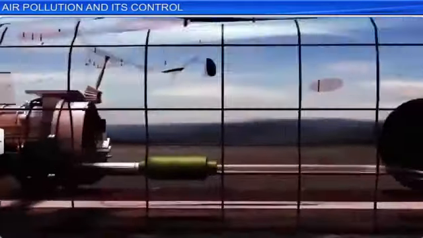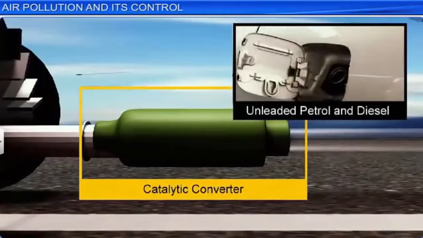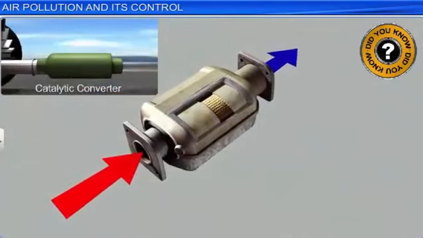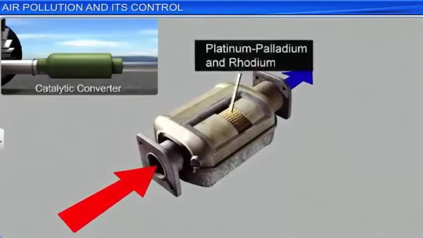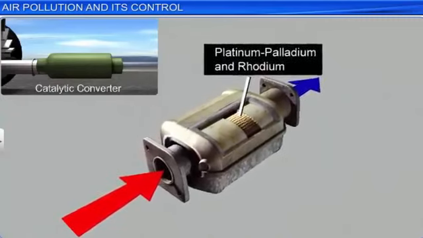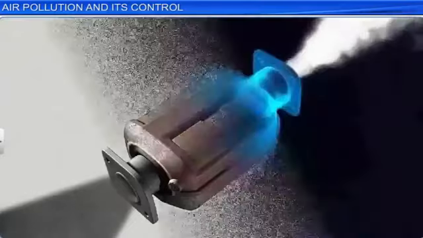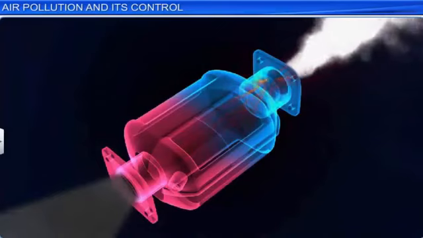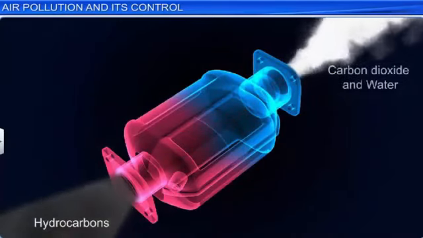For instance, the use of catalytic converters and unleaded petrol or diesel has helped reduce vehicular pollution considerably. Did you know that catalytic converters contain catalysts made of expensive metals such as platinum, palladium, and rhodium? When fitted into vehicles, a catalytic converter changes poisonous exhaust gases such as unburnt hydrocarbons into carbon dioxide and water.